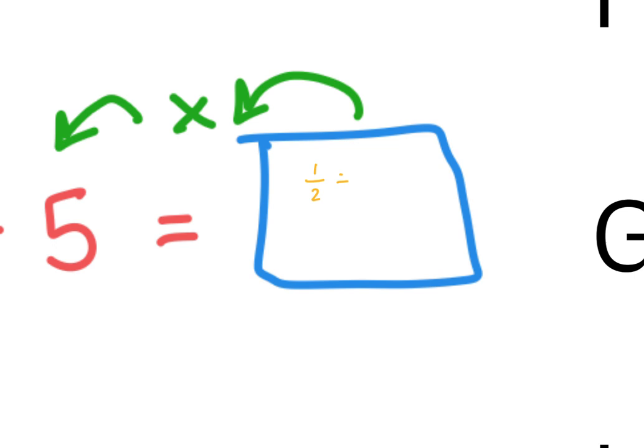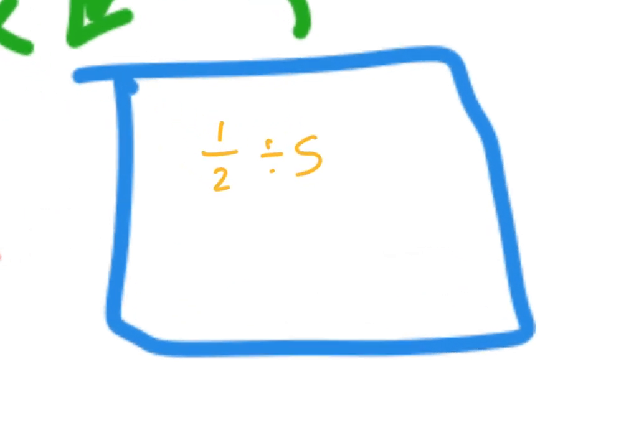1/2 divided by 5. And if you're like, the reason I'm not doing this is I can't divide by fractions, you sure can. 1/2, we change, we flip. Well, this 5 is really 5 over 1, so we could write it as 1 over 5.